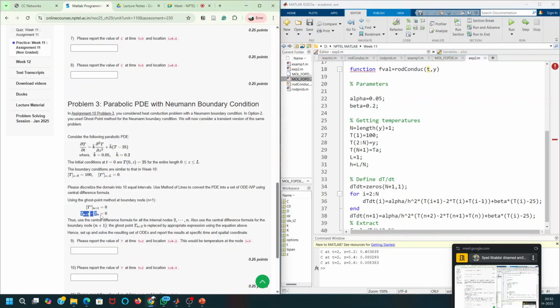This condition gives me Tn plus 2 minus Tn is equal to 0.